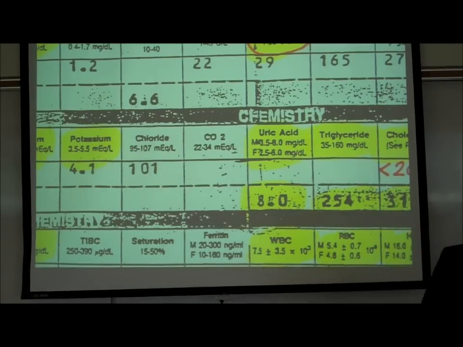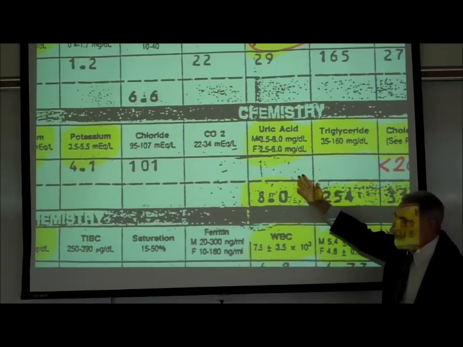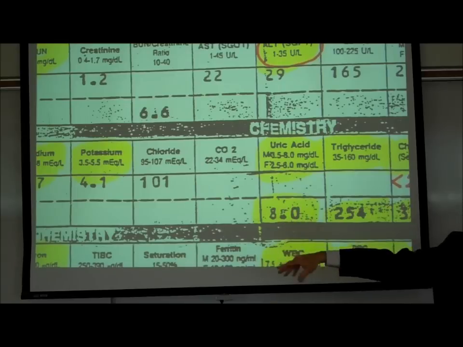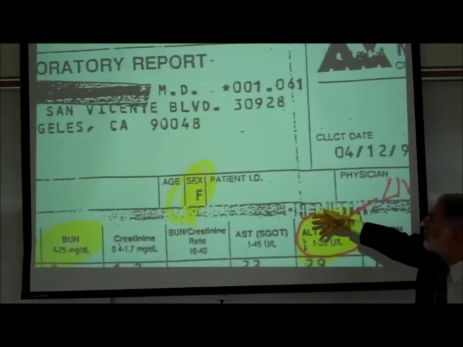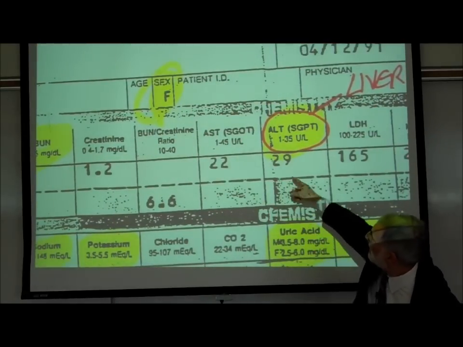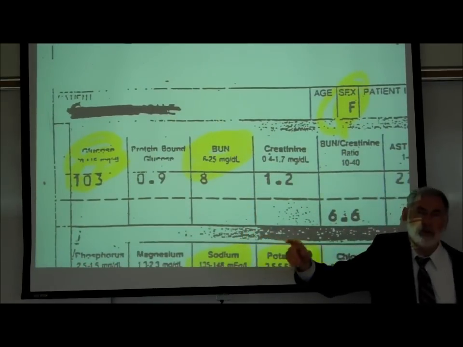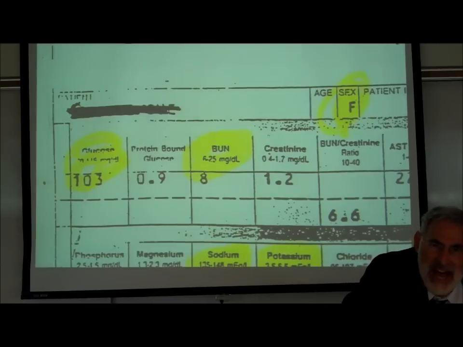Gouty arthritis. We learned that back in section B. So in her case, only her uric acid waste product levels were higher than normal. Her urea and creatinine levels were in the normal range. Fine. So she just has a problem with uric acid.